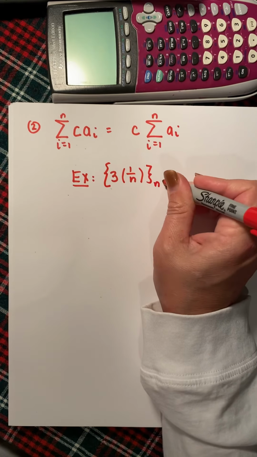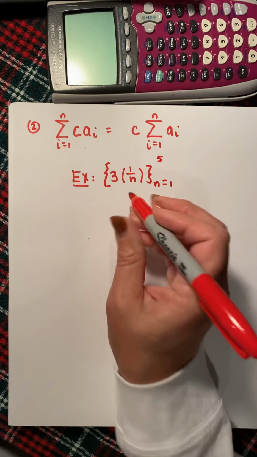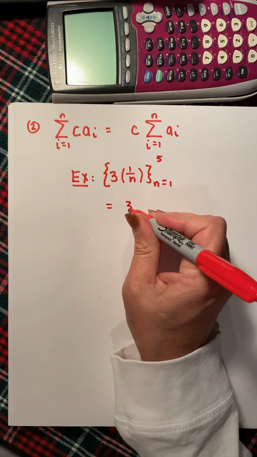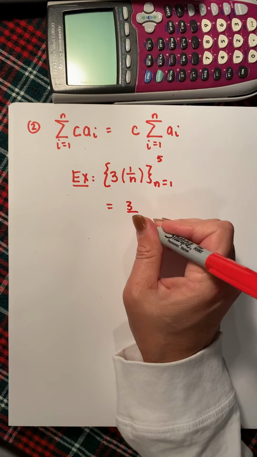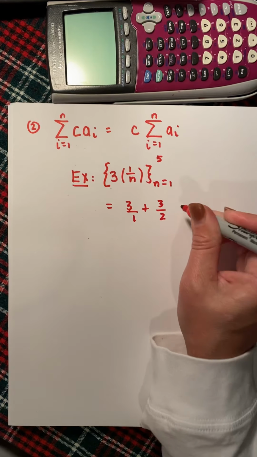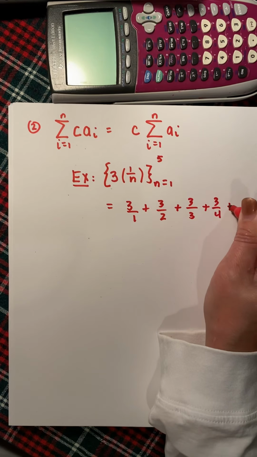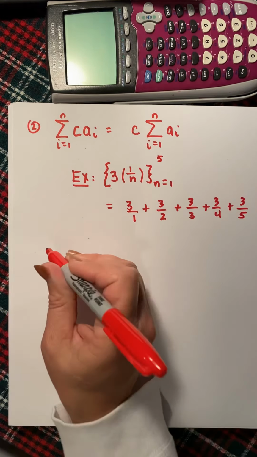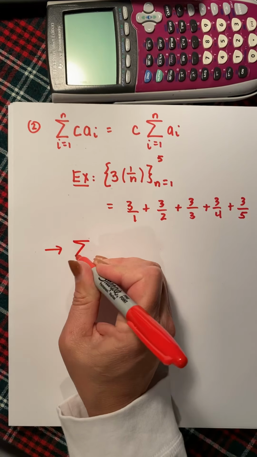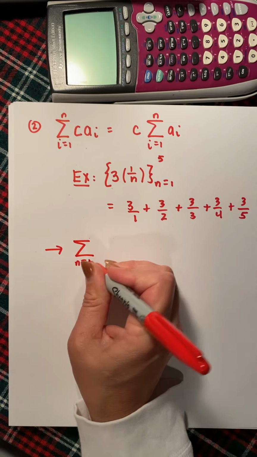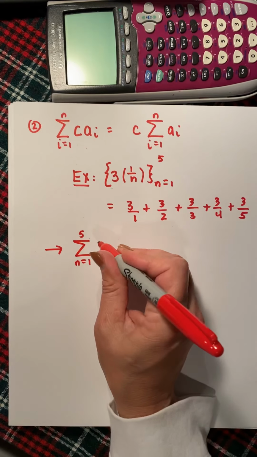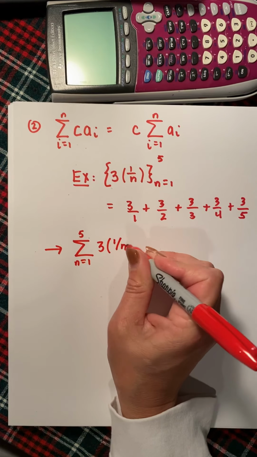If I looked at this from n equals 1 to 5, this would be 3 over 1 plus 3 over 2 plus 3 over 3 plus 3 over 4 plus 3 over 5. So the corresponding series would be the sum from n equals 1 to 5 of 3 times 1 over n.